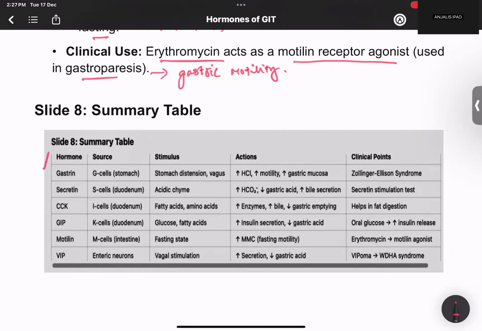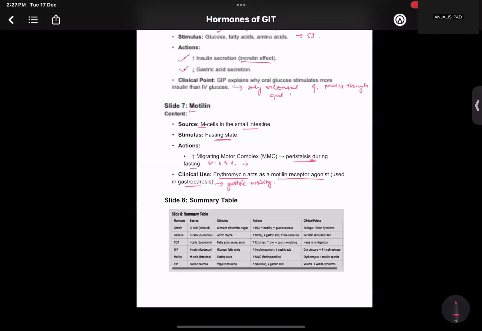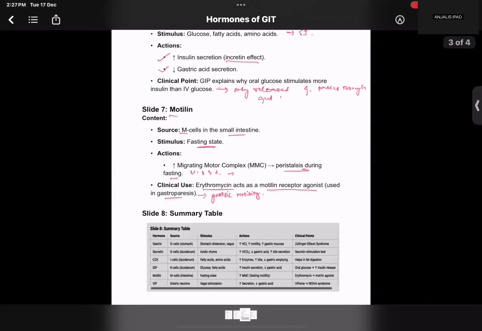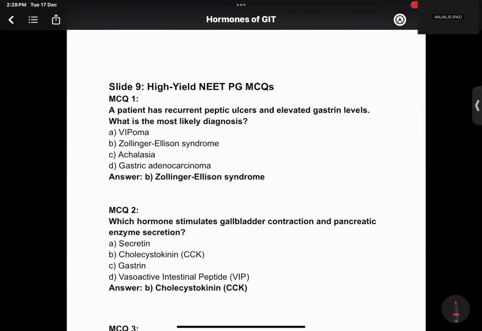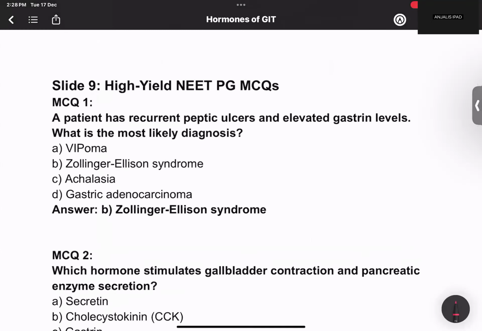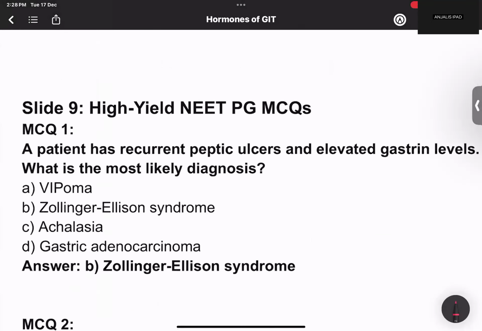So that is about the hormones. Now we'll move on to the high-yield MCQs, the most asked MCQs. Now, the first question. A patient has recurrent peptic ulcers and elevated gastrin levels.